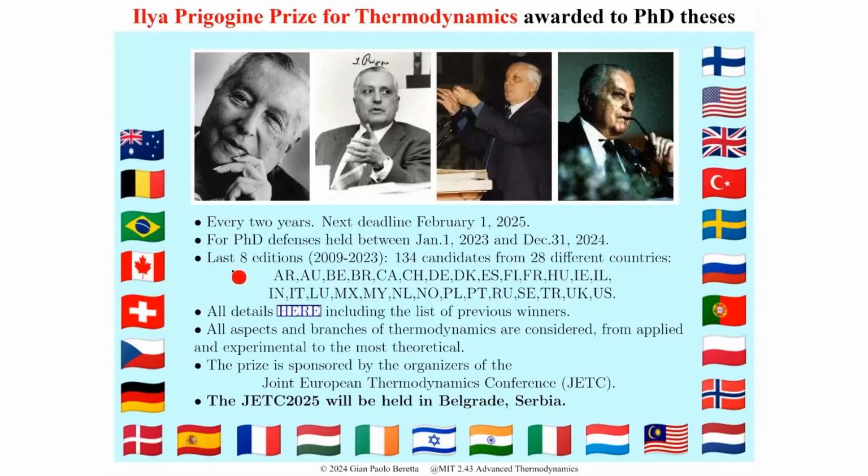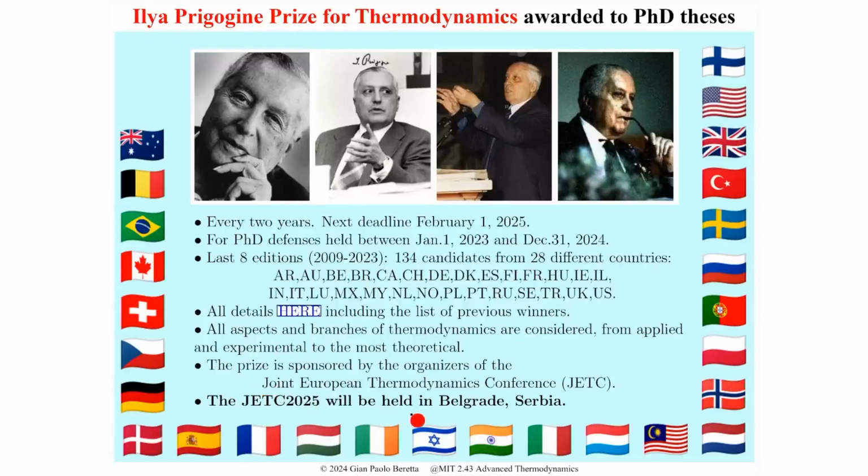It's a pretty international prize. In the last 8 editions, we had 134 candidates from 28 different countries. You can click here for all the details. And it is sponsored by a series of conferences called the Joint European Thermodynamics Conference, but it has become an international one.